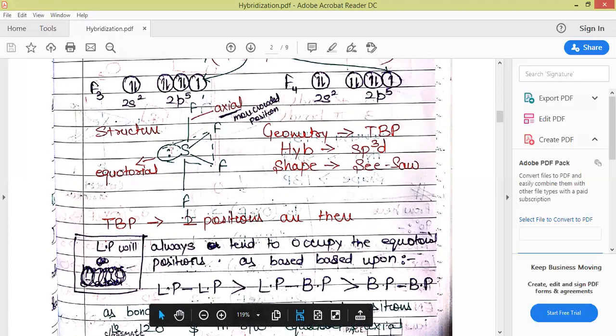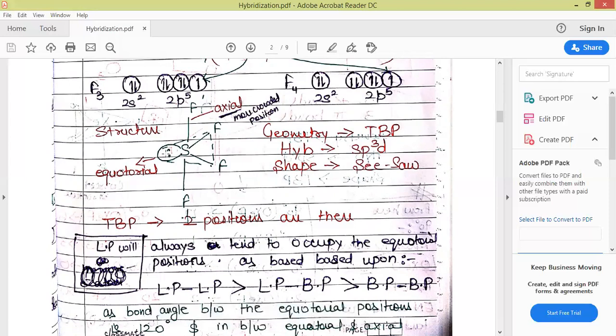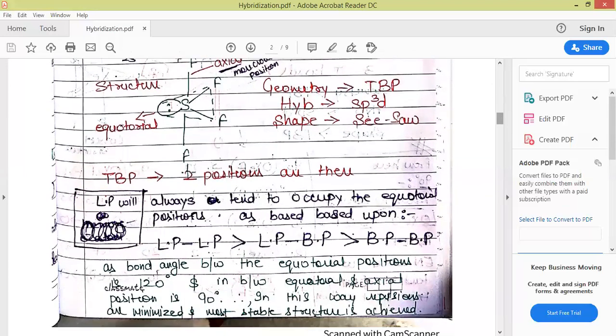So here, if we see the bond angle in this plane between this lone pair and this fluorine, it is 120 degrees, while the bond angle between this fluorine and the lone pair is 90 degrees. So here the lone pair is positioned in such a way that when it is present at the equatorial position, it experiences the least repulsions from the bond pairs.